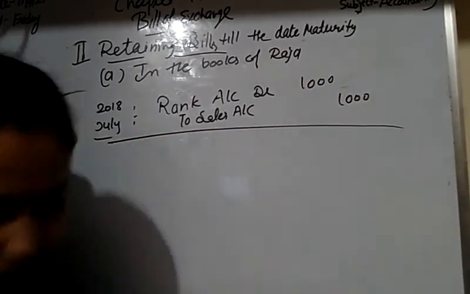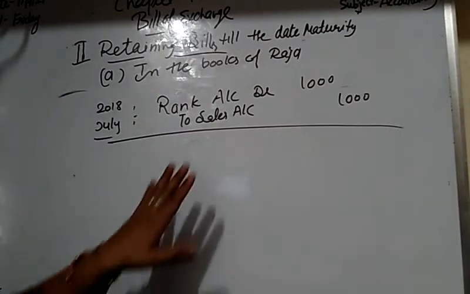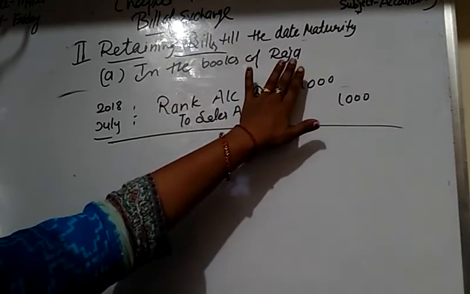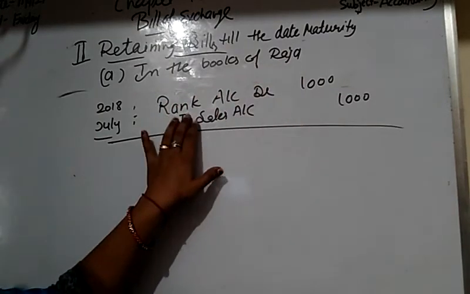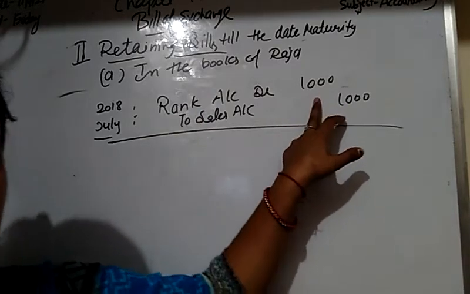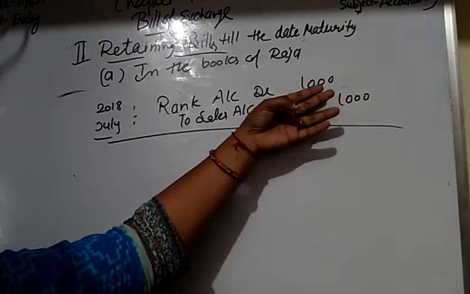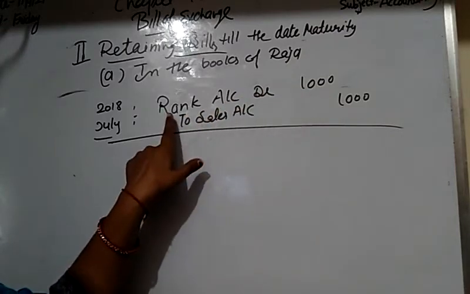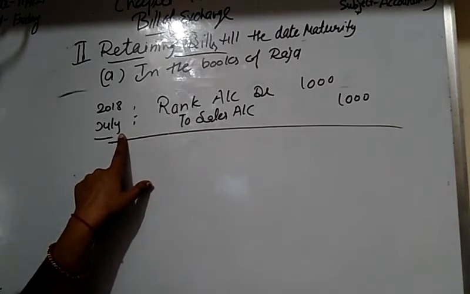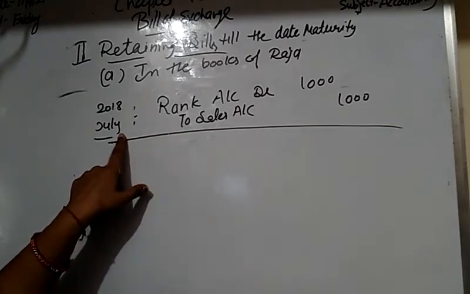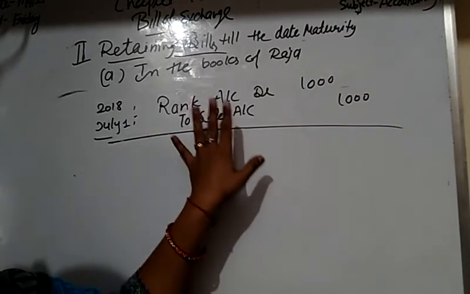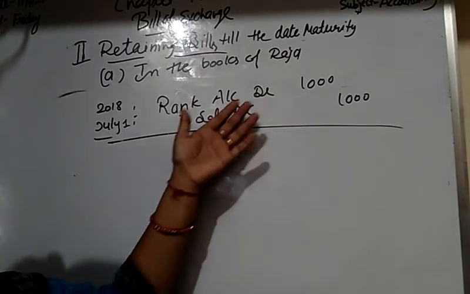After that, students, Raja draws a bill on the name of Rank. Raja sold goods to Rank on credit, so now Rank has to pay rupees 1000. In the bill it is written that Rank will pay after 2 months of 1st July. This transaction is held on 1st July. After 2 months, Rank pays the amount of 1000 to Raja.